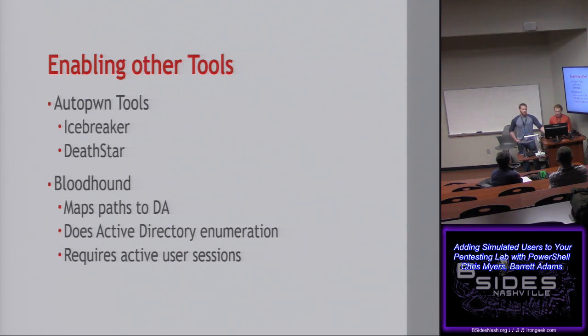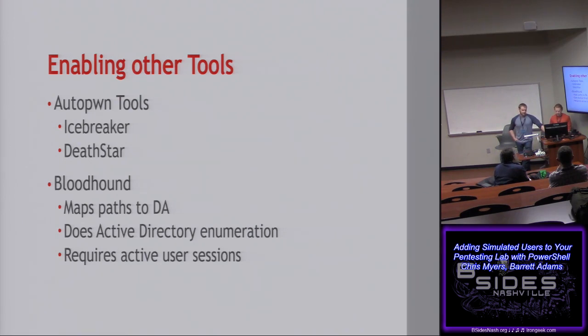Aside from enabling other attack vectors, we also wanted to enable you to run other tools, offensive and defensive tools, in your environment and have them respond and act the way they're actually supposed to. There have been a couple of autopwn type tools coming out recently. Icebreaker and Death Star are two examples that I put in here, both written by a guy from Coalfire, and they both rely on having active user sessions and cached credentials and an Active Directory set up.